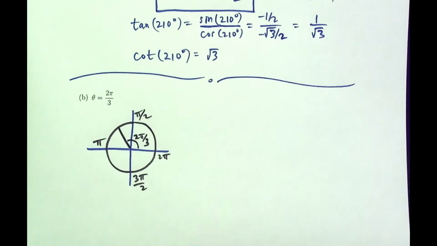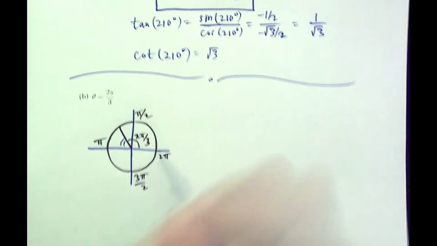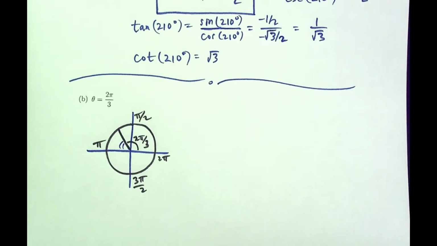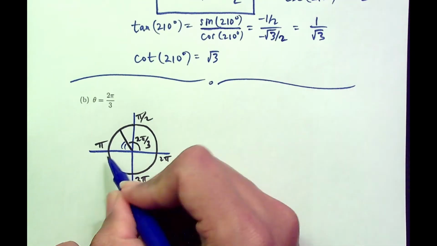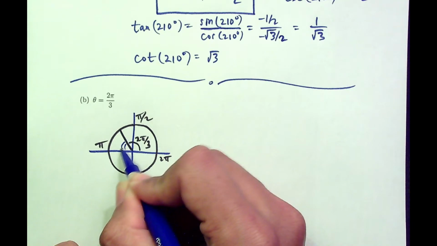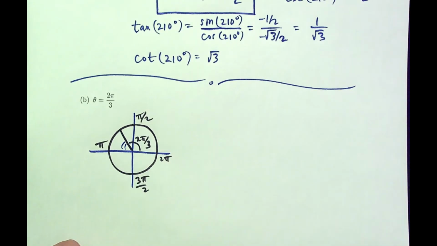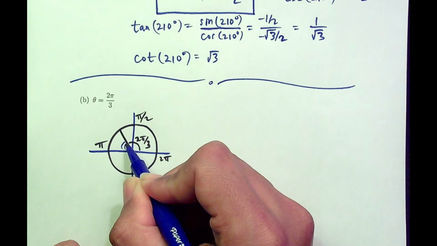All right, and then what is the reference angle? The reference angle is the smallest angle formed by the x-axis and the terminal side. So in this case, it's that one. And what is that? If you go 2 pi over 3 here, how much more do you need to get to pi?